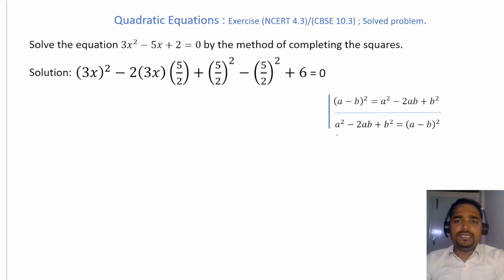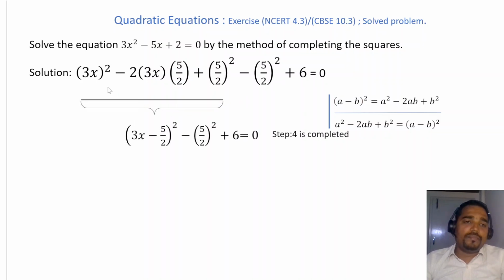So here these three terms of the formula will result in a minus b whole square. Similarly, upon application of the formula, the three terms get converted to two terms, that is 3x minus 5 by 2 whole square, minus the remaining two terms as they are, which completes step number 4. So after completing all 4 steps, we will have to simplify this equation to find the value of x.